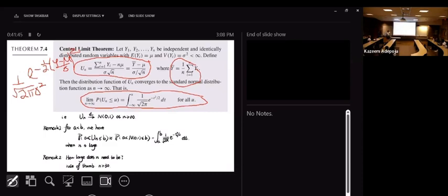Initially, that's what you have. That's a normal distribution. Now, with that it is going to converge. So I'm just trying to tell you this is a normal distribution, that's a standard normal distribution.